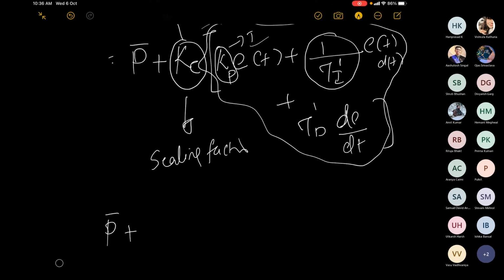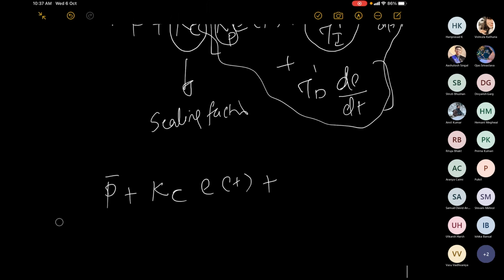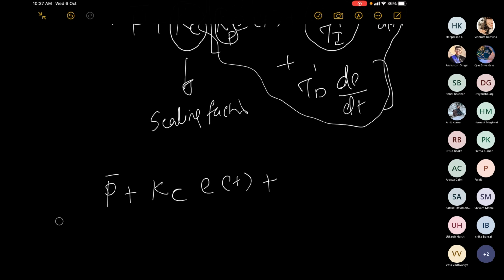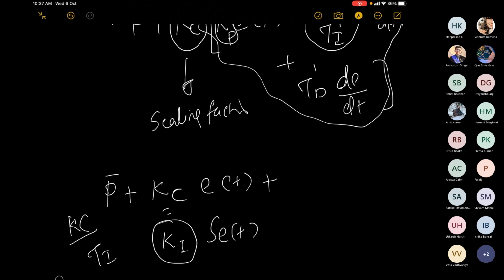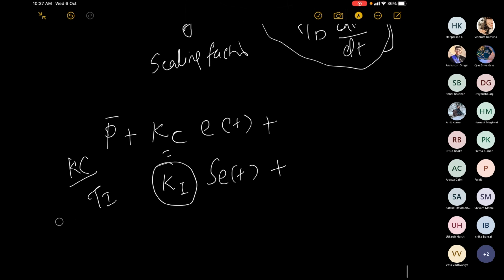Sometimes it would ask for a bias, and then it would ask for the contribution from the proportional term, so you have to just put the Kc directly. Then it might ask for the contribution from the integral term directly. So they might not ask for your tau I, but they would ask for Kc by tau I. This is generally known as Ki.